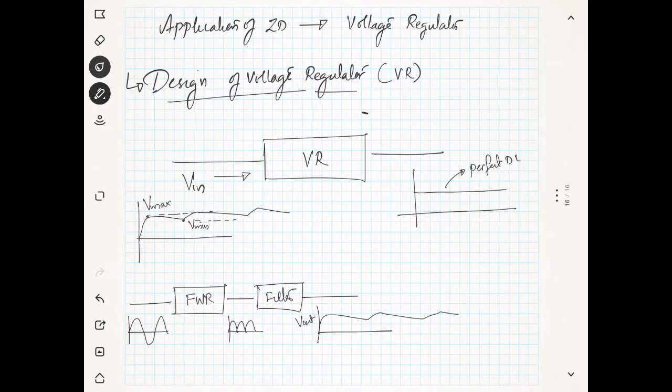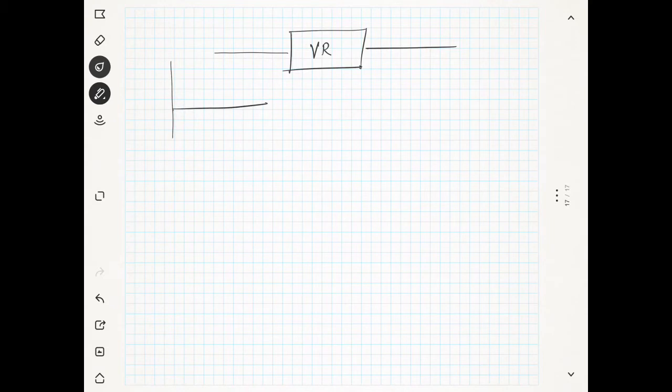So you can use the voltage regulator to maintain the voltage at a constant level. This is one of the main applications of the voltage regulator. For example, you can consider a voltage regulator like this. The input is changing. This is the input.